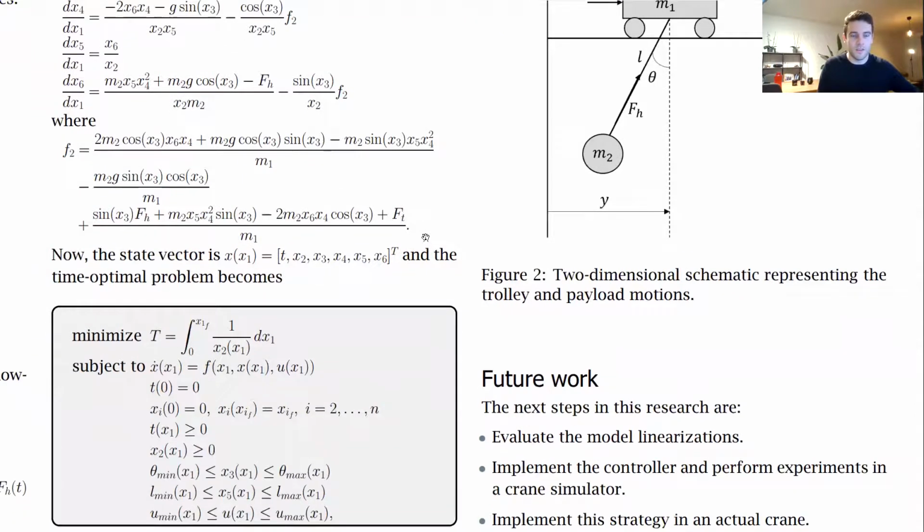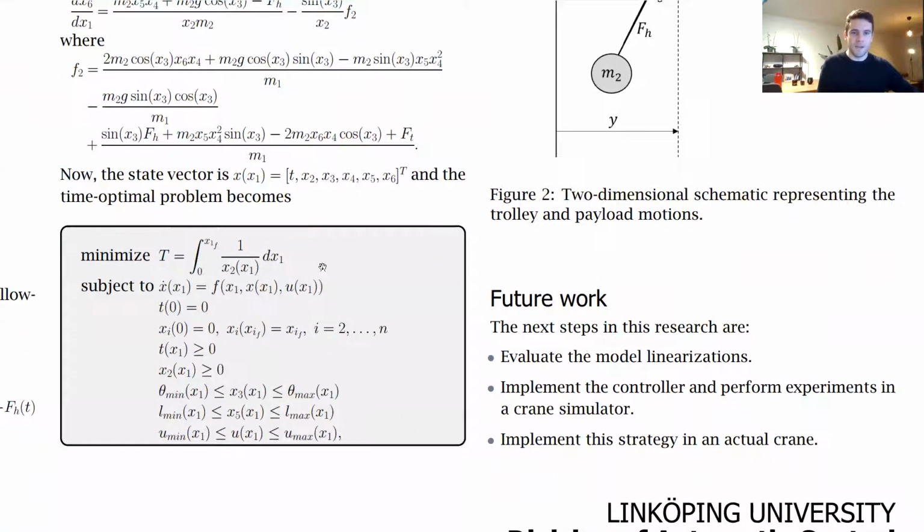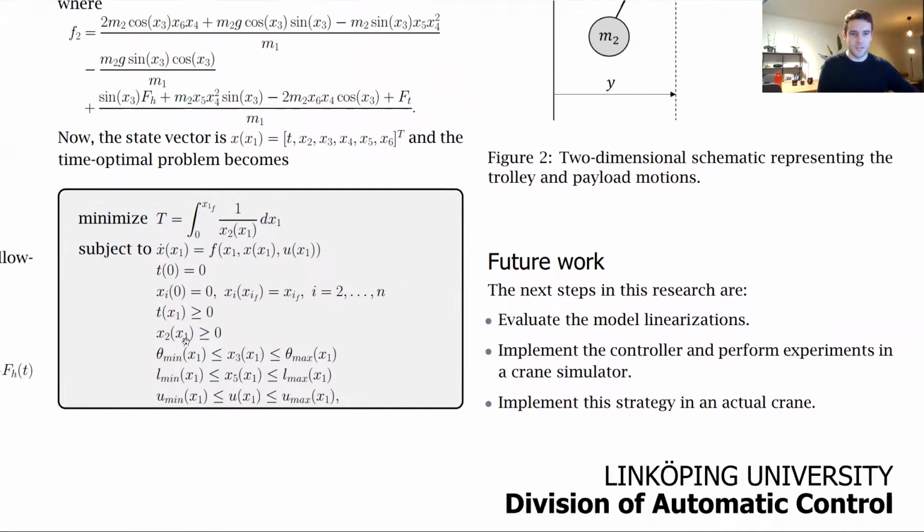With the reformulation, the new state vector becomes like this one here, which has the time as the state variable. And also, now the time optimal problem becomes this one here in the box.